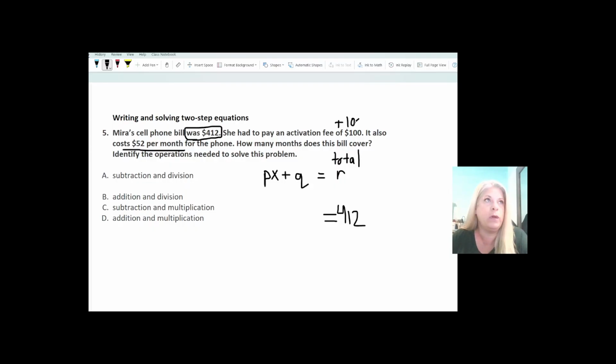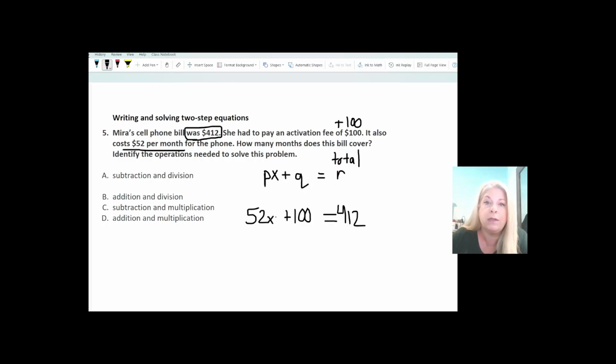So think about which one fits into which spot here. Something being multiplied over and over again, and then something that's just being added on one time. The activation fee is the plus Q, so plus 100, because she's just paying that one time. And the $52 per month would be the $52 times X, X representing the number of months.